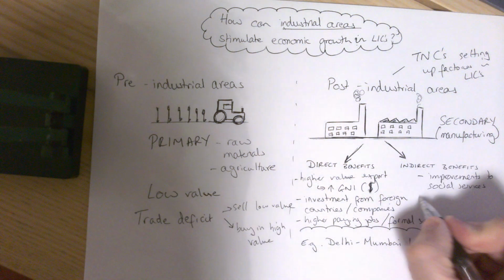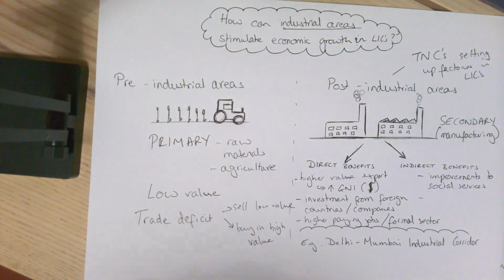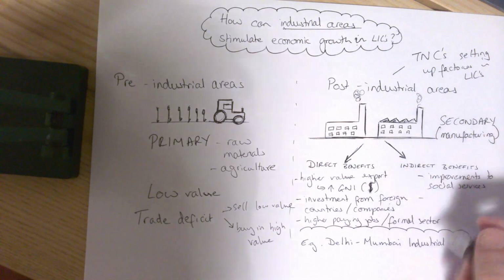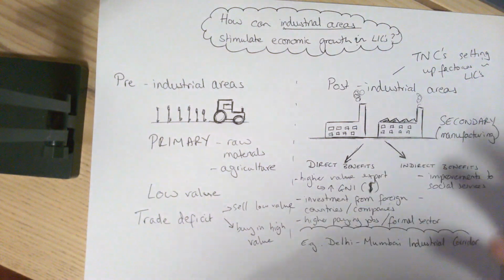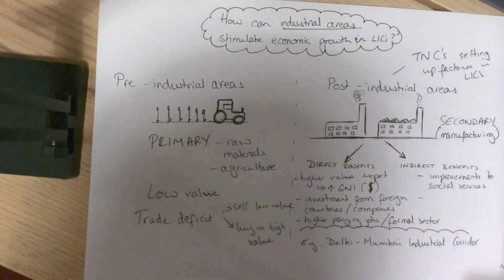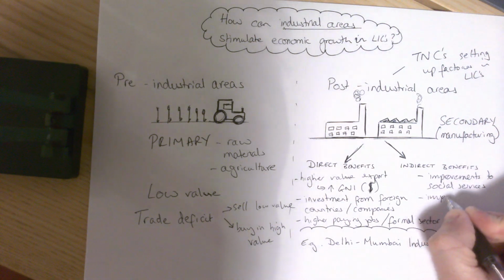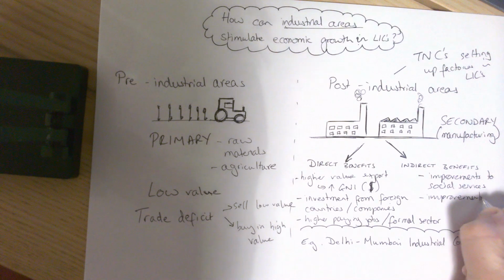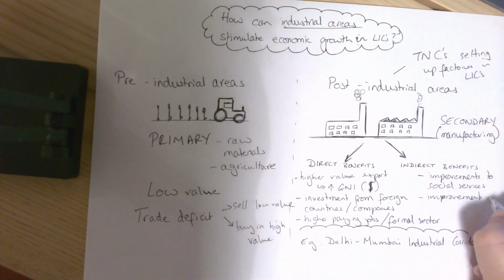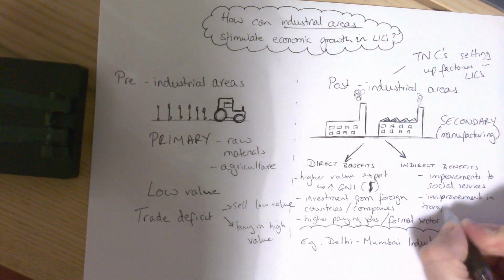On top of that, when we talk about indirect benefits, these big industrial areas, there's no good in them being able to just produce a product. They've got to be able to move that out of the country. Okay, so normally what we see is improvements in transport infrastructure.